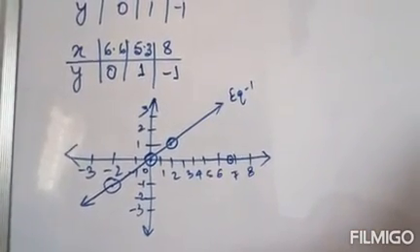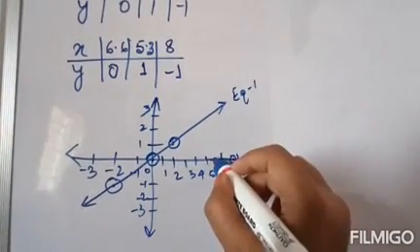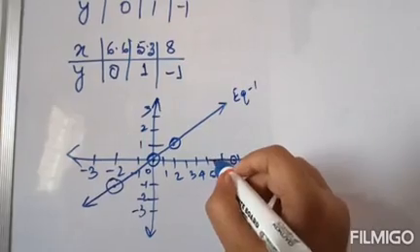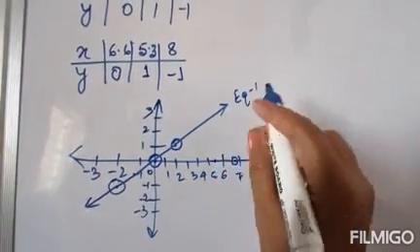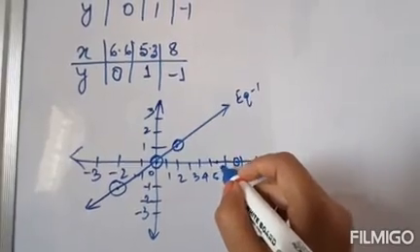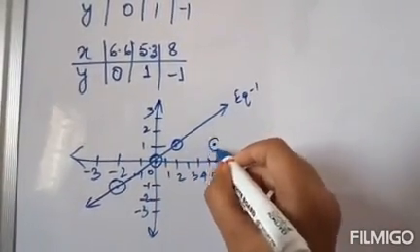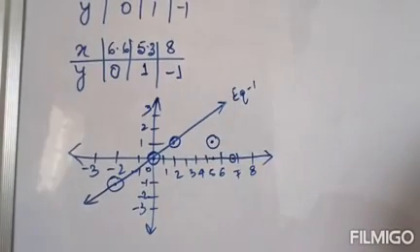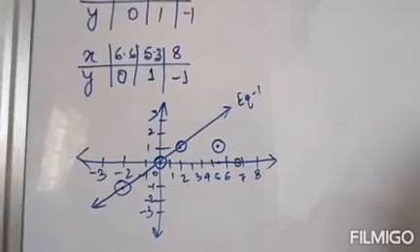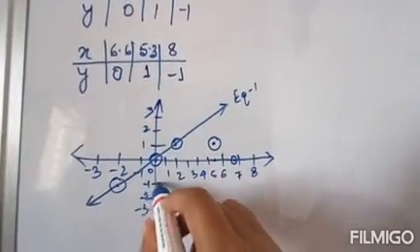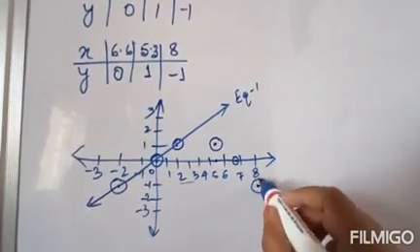Next is y is 1, x is 5.3. 5.3 means one division there, 5 and 2 places this side, so 5.3, and y's value is 1, so maybe here. And next is y is minus 1, x is 8, so somewhat here.